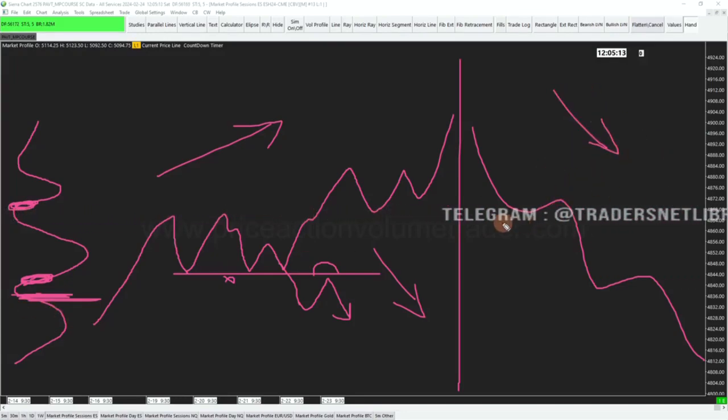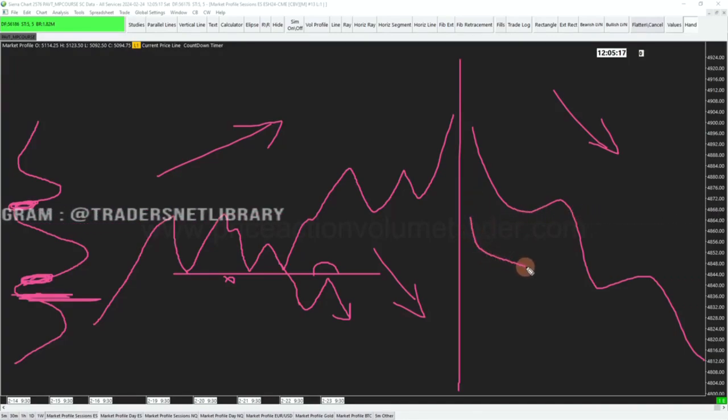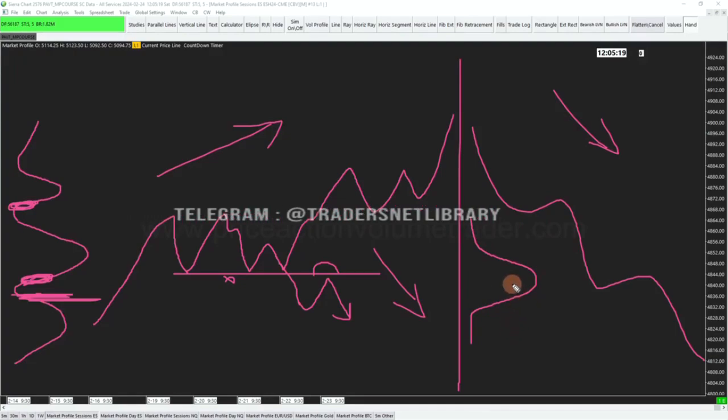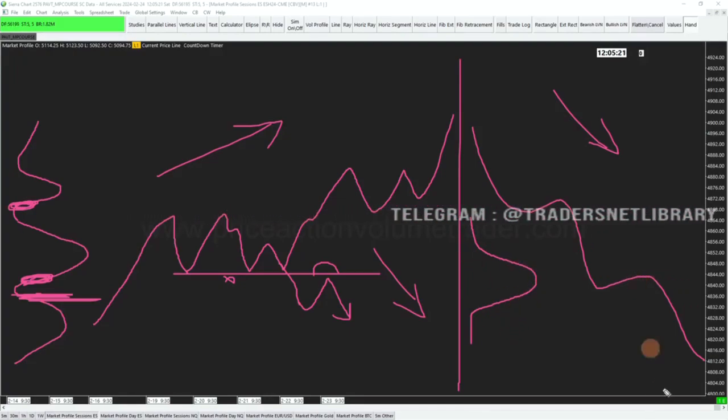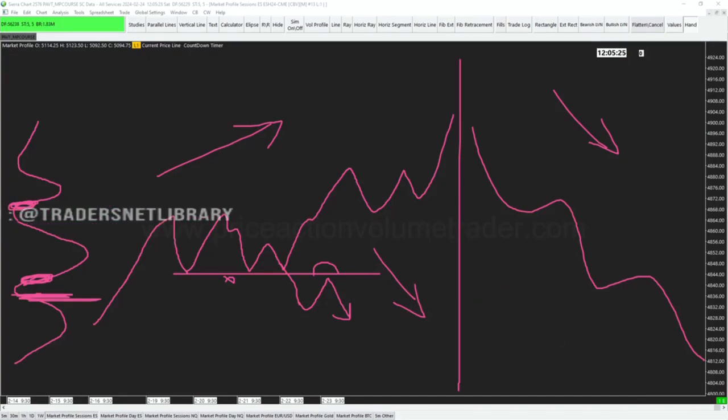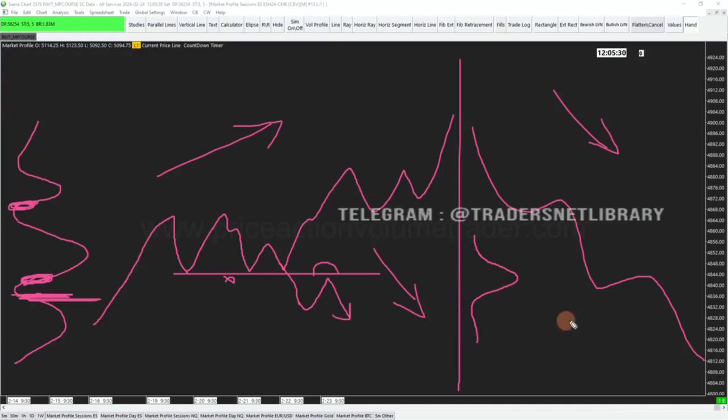This will be the same situation if we're in a downtrend and we have a high volume node like this. Let me draw this better. Let's say we have a high volume node form here.